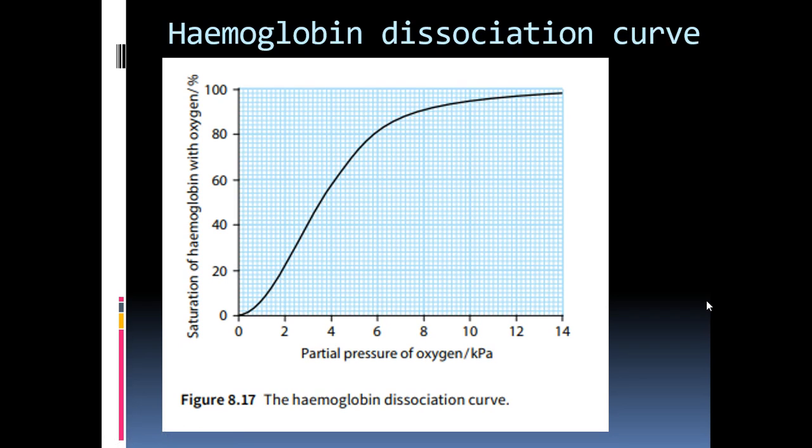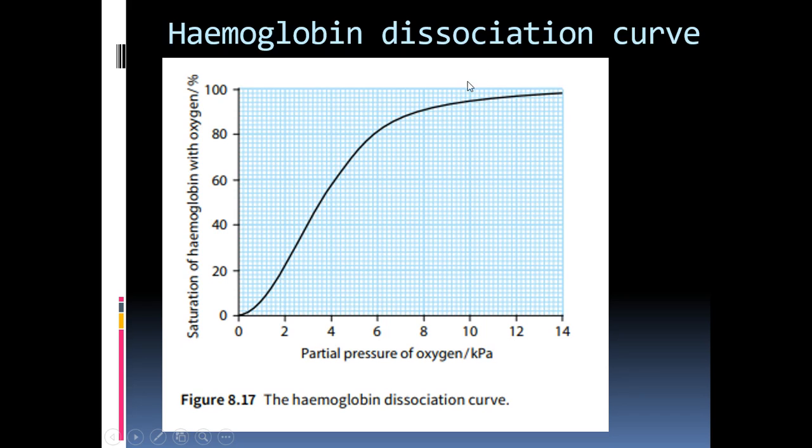If you look at the S-shaped curve again, you will see that it correlates perfectly with what is going on in the human body in terms of oxygen transport. At high partial pressure of oxygen, which usually takes place in the lung, the percentage saturation of hemoglobin with oxygen is very high.